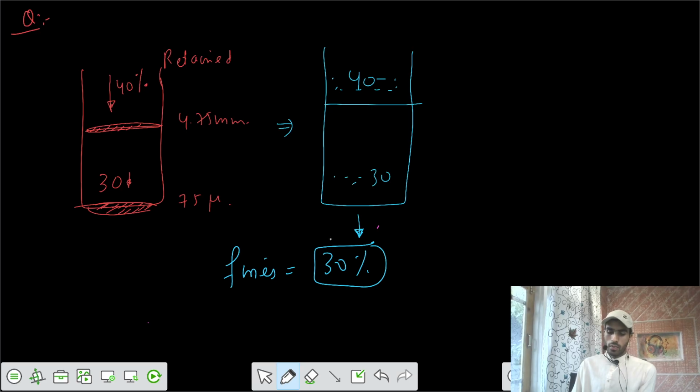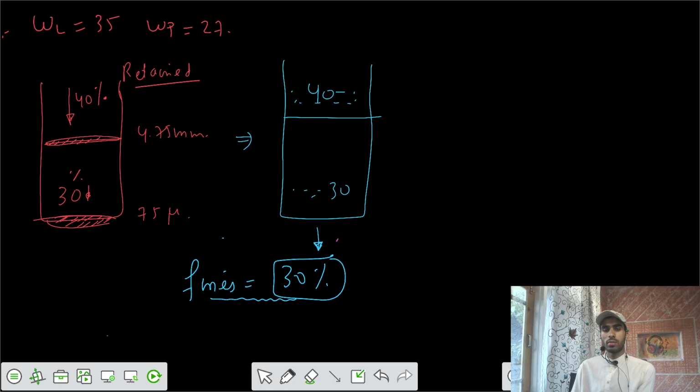Okay, we have the liquid limit given to you. The liquid limit for your soil is 35, plastic limit 27. All this data in red color is given to you. That's talking about retained 40% and 30%. Then the solution is in blue color. So we conclude one statement here: percentage fineness is 30%.